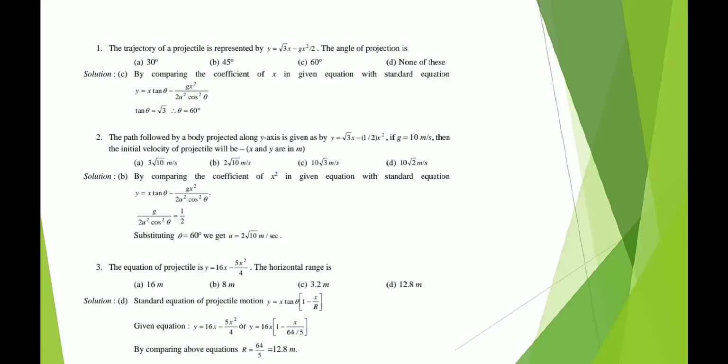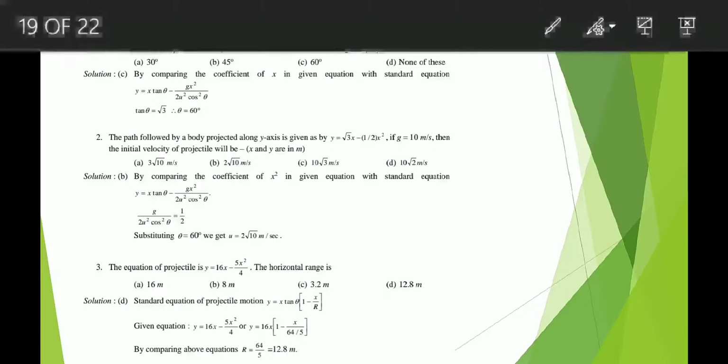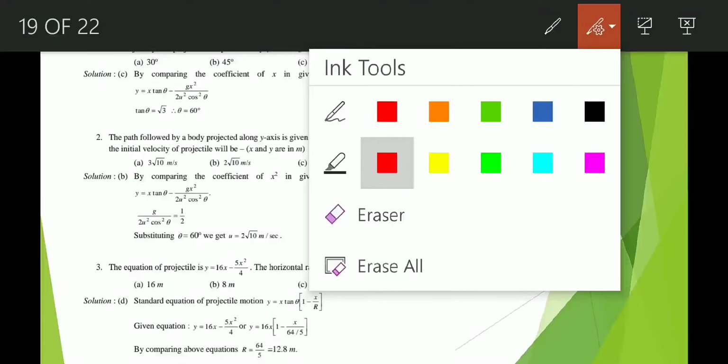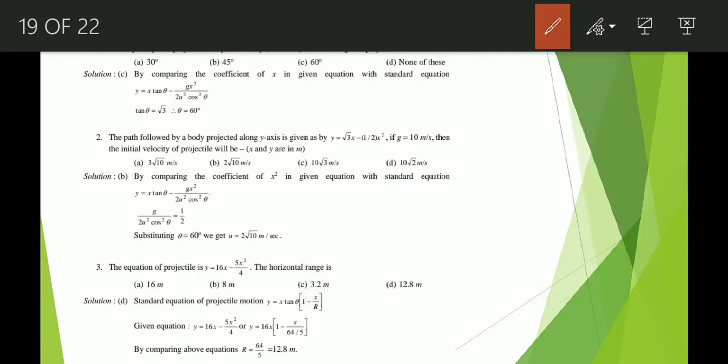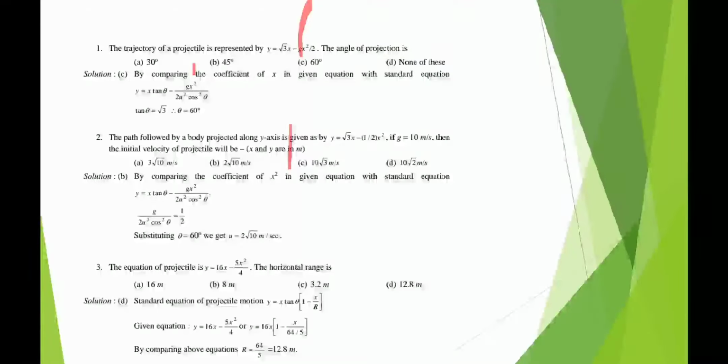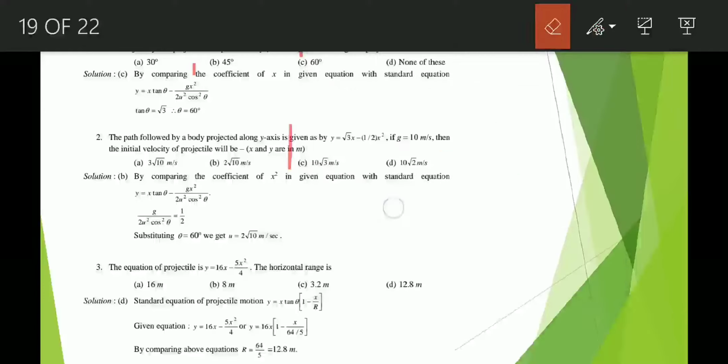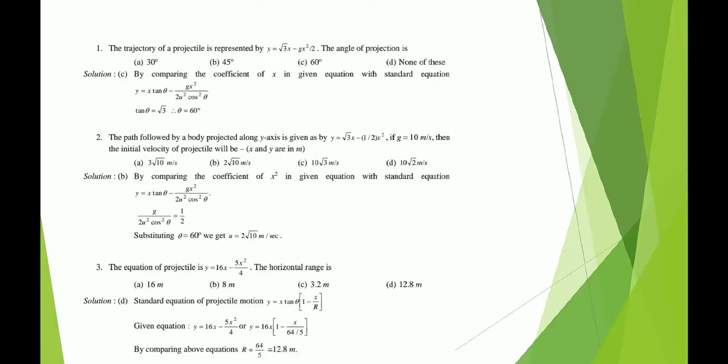The trajectory of the projectile is represented by y is equal to root 3 x minus g x square by 2.